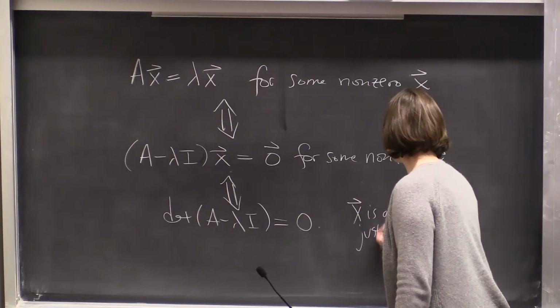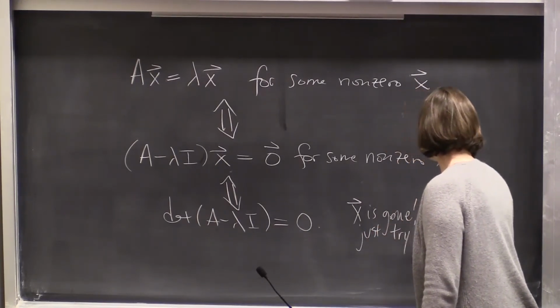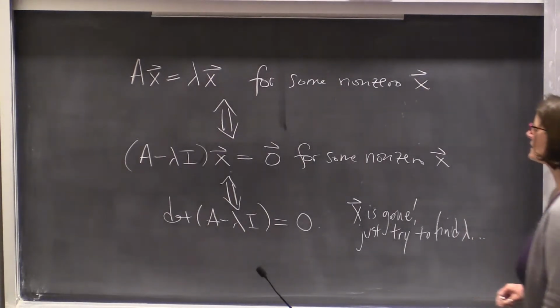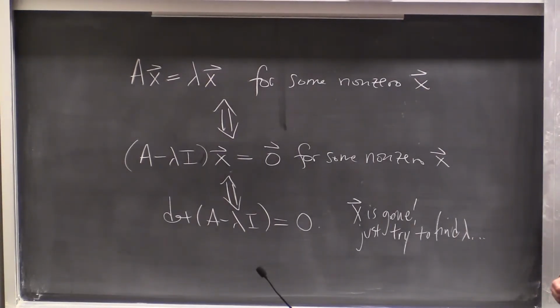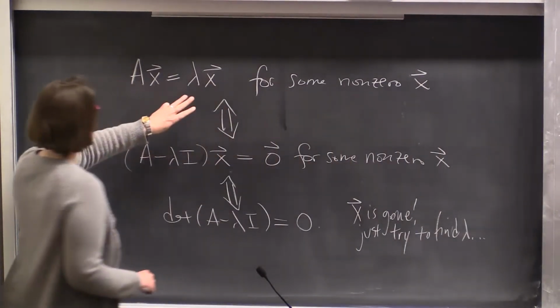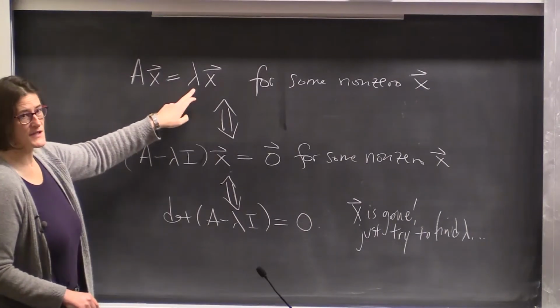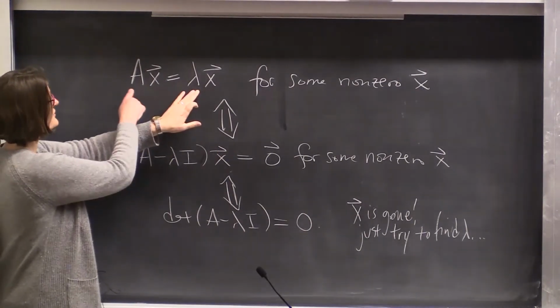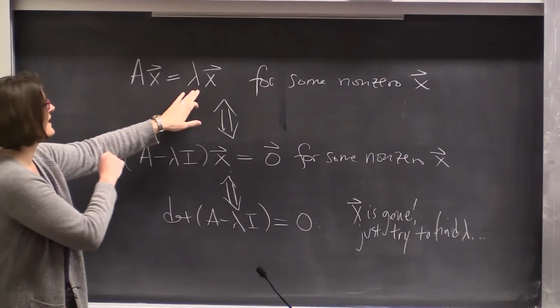Just try to find lambda. And then, once you know what lambda is, so if you were given some 3 by 3 matrix and you figured out its eigenvalues were 2, 9, and 7, you can plug 2 in, and you're down to just solving a linear problem for x.